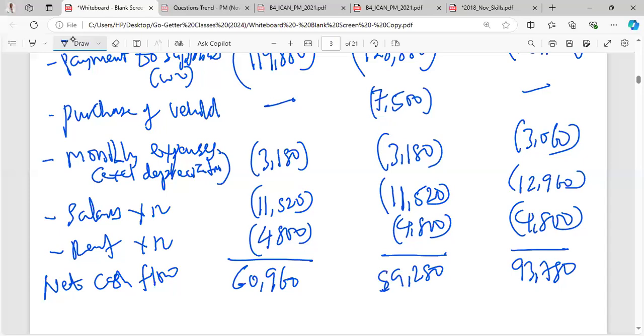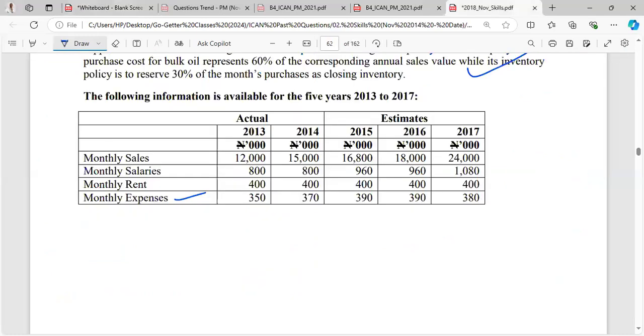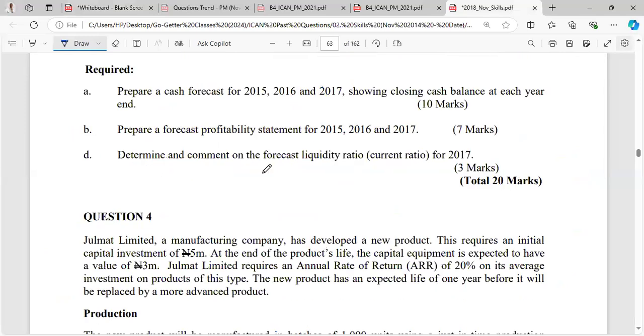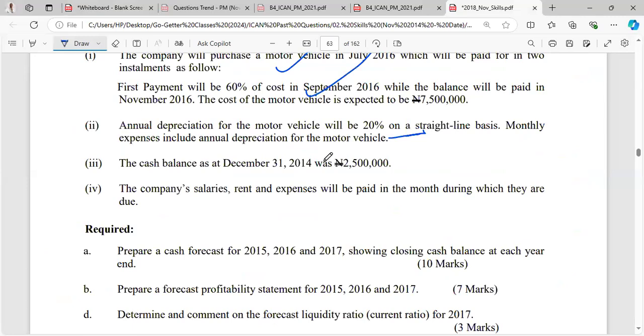All right. Now that we know our cash flow, this is 2015, 2016, 2017. Then we are given some information. We are told that the cash balance as at 31st December 2014 is 2.5 million.